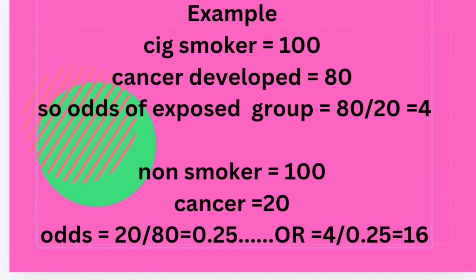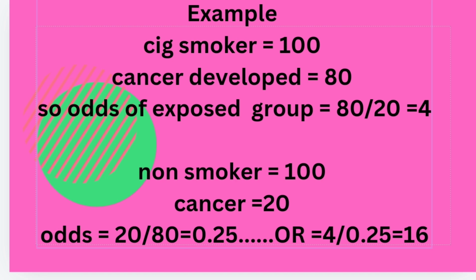For example, we took 100 patients of CA lung, and then we traced them backward, and we found that 80 of these people were exposed to smoking and developed cancer, out of 100.